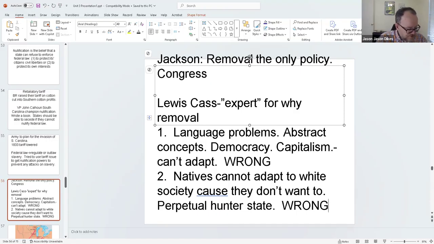The Cherokee had done this. There was a Cherokee nation, there was a Cherokee constitution, there were Cherokee schools, there was a newspaper printed in the Cherokee language. Hell, there were Cherokee who owned slaves. So I think the natives can adapt themselves to white society pretty easily. They may enjoy being out on their horses hunting all day, but since they can't, they can adapt.